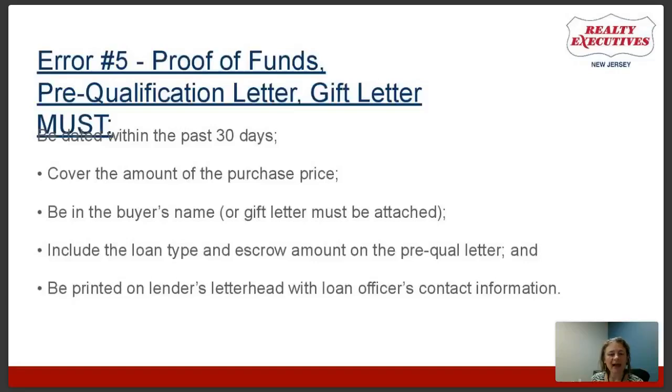The letter has to be coming from an approved lender with the letterhead of the lender, and the phone number and contact information as well as their name has to be included in the letter. So it cannot be coming from an unidentified lender.